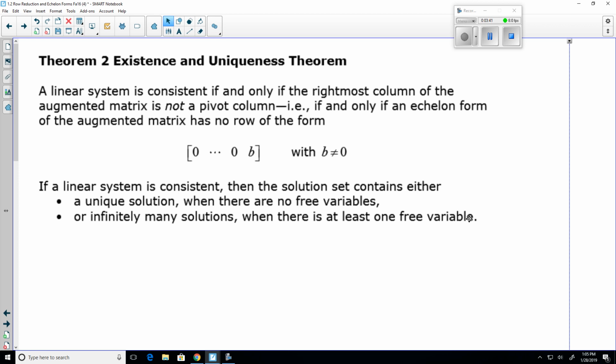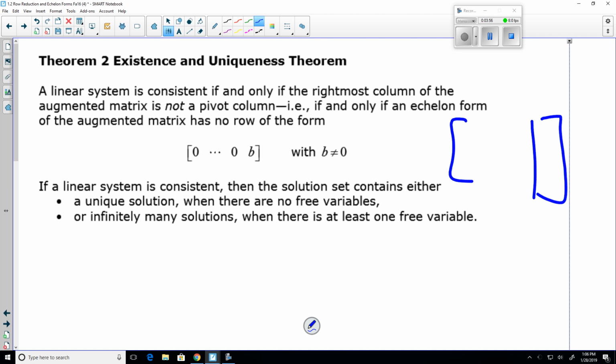What does that mean? So when you reduce everything, right? And if you come up with a row of zeros and the first non-zero entry is here, then you get no solution, right? And that would end up being a pivot column if you were to continue your row reduction, right?